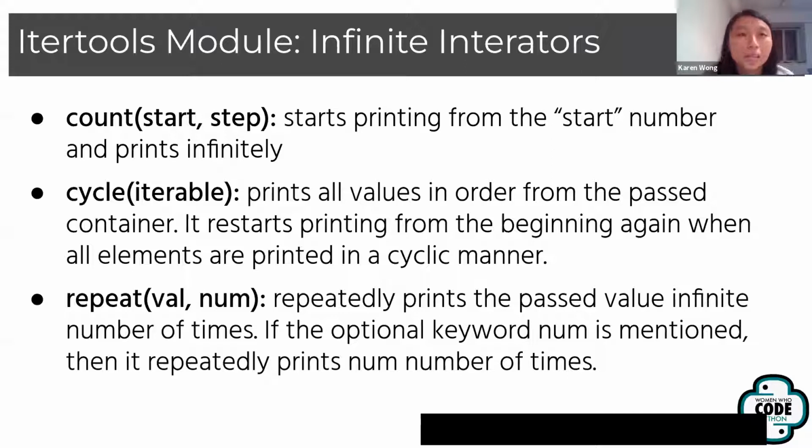Same as collections, it also has a counter function. So count starts from the start number and prints indefinitely. Cycle prints all the values in order from the passed container, and restarts from the beginning again when all the elements are printed, in a cyclic manner.